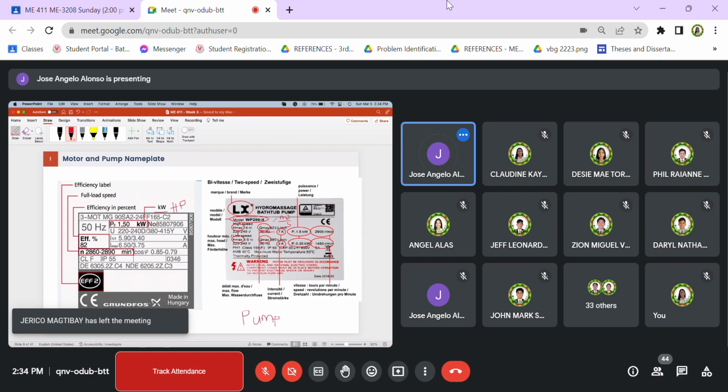And lastly, the Hmax or total dynamic head ng ating pump available din dito or mabibigay sa catalog ng supplier. So, kung magse-select tayo ng right pump, we just need to design first ano yung required na total dynamic head, ano required na power natin para dito. Then, saka tayo pipili sa catalog or saka tayo pipili sa mga supplier ng right sizes ng ating pump or ng ating motor.